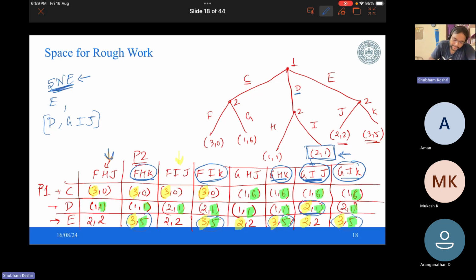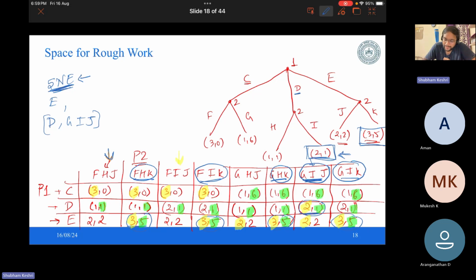So you see, when we have a subgame perfect Nash equilibrium, the outcome is 3, 5. But in Nash equilibrium, the outcomes include 3, 5, and there is one more outcome which is less than 3, 5, which is 2, 1. And it is less for both the players, not only for one player.